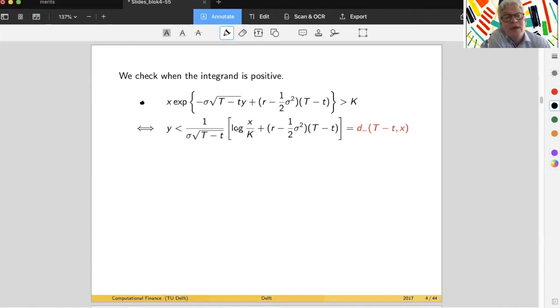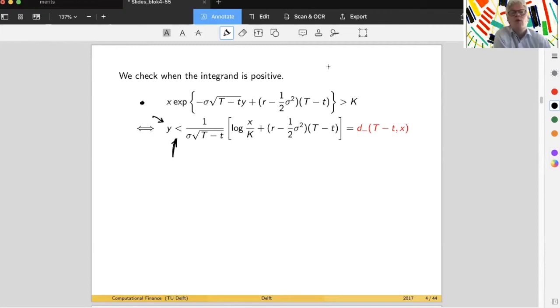So you see this already appear here. And then we get that y should be smaller than 1 divided by sigma times the square root of capital T minus little t, times the log of x over k, plus r minus 1/2 sigma square capital T minus little t. When this is satisfied, the argument is positive.